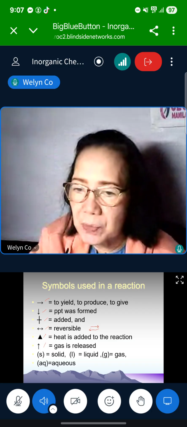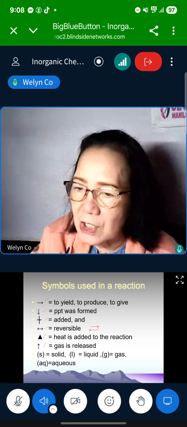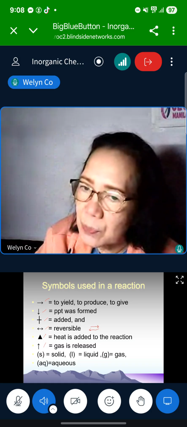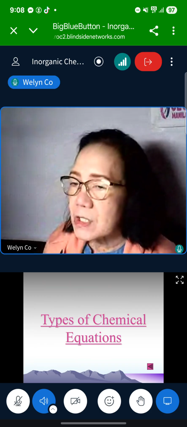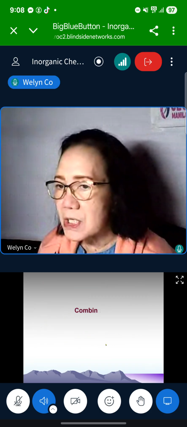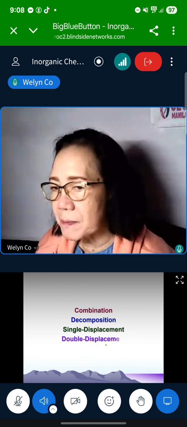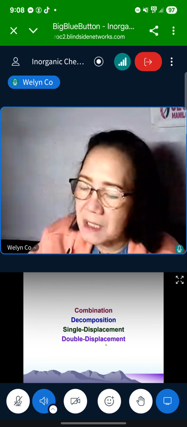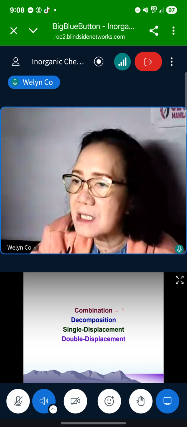Arrow up is the formation of the gas. Subscripts of s, l, g, and aq are the status or the states of the substances. So the types of chemical reactions, these are your combination, decomposition, single replacement, and double replacement. Sometimes combination is also known as synthesis.